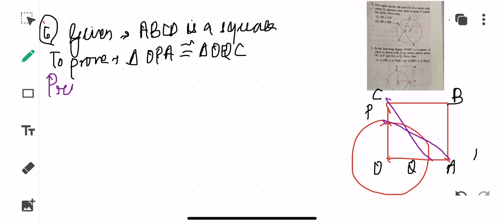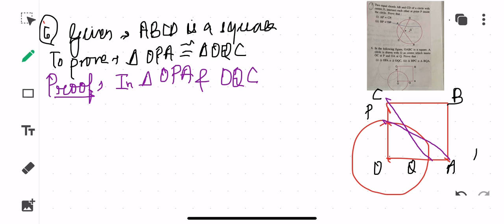So you will be writing the proof part. Without just looking into this, we can easily move to the congruency part, children, because this is very easy if you look into the figure. So we'll be writing down, in triangle OPA and OQC.